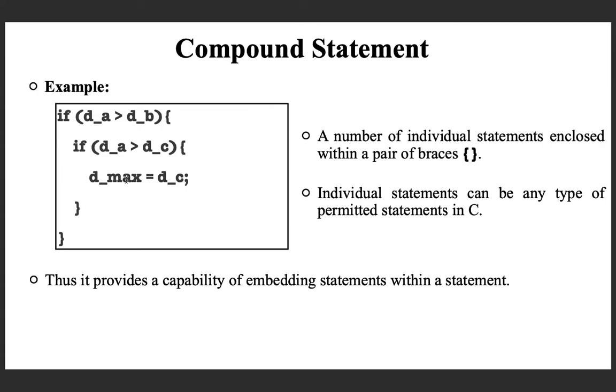Now in that case you say, yeah, then the maximum decimal value should be D_A. Sorry for this typing mistake. That doesn't matter, it's a typo, I will correct it.